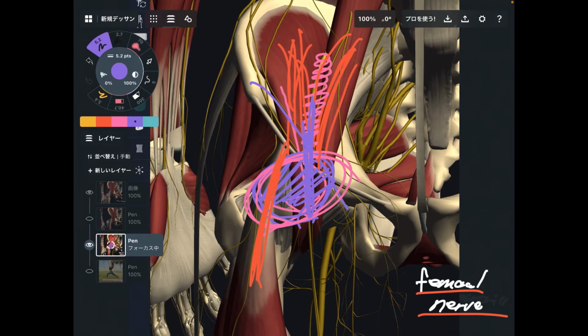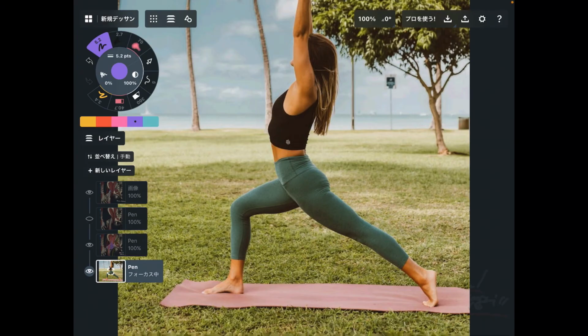Then, how can you do self-treatment for the anterior part? There's a way. This is a very famous yoga pose, right? I want you to focus on this part. In this leg, this is the extension position. In this position, iliopsoas, rectus femoris, and femoral nerve are stretched out. Yep, they are stretched out.